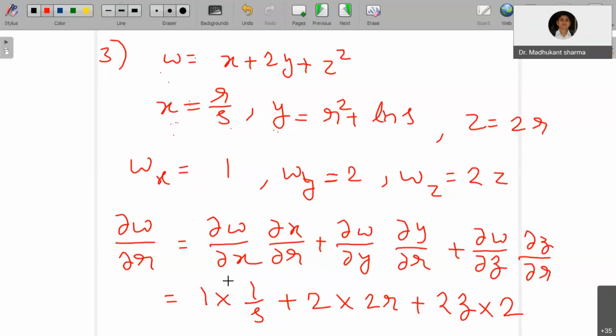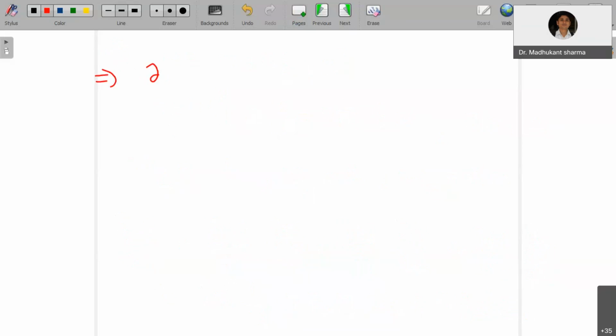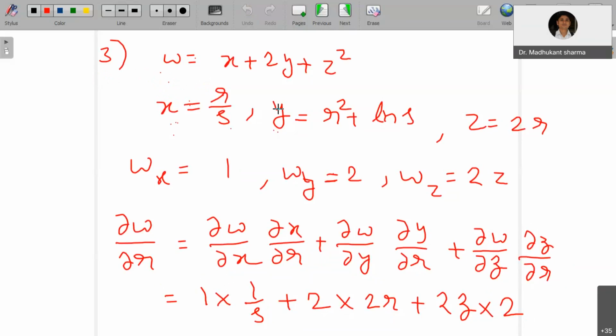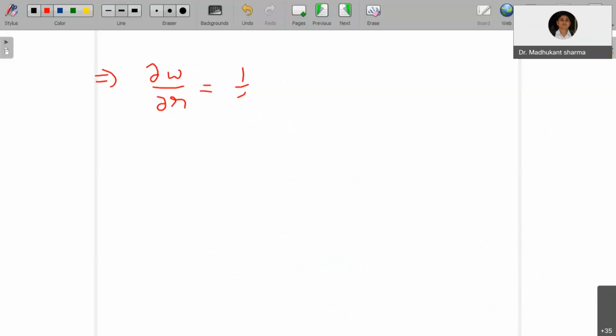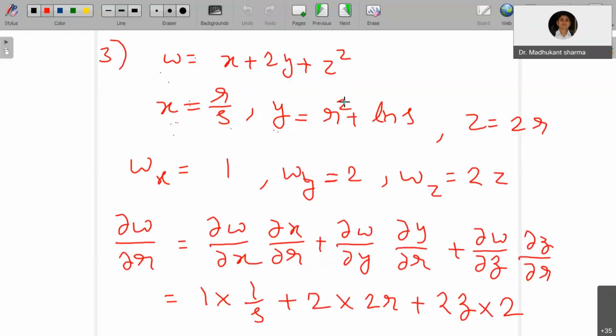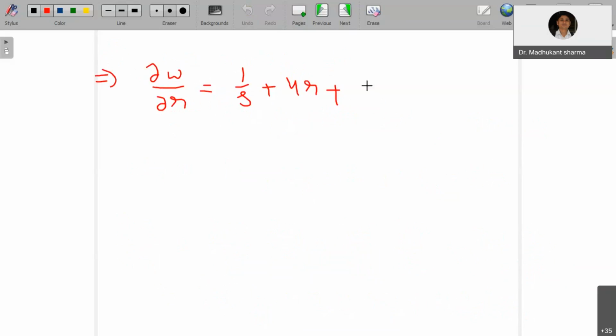Now you simplify it. What you find is dou w by dou r is equal to 1 by s plus 4r plus 4z. Now z equals 2r, you can replace it.